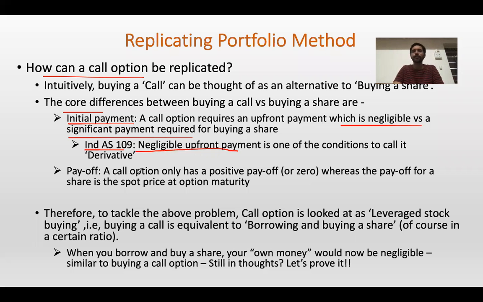So in terms of payoff, a call option only has positive payoff or zero, whereas the payoff for the share is the spot price at the option maturity, which in our case we assume as either 2200 or 1800, right?